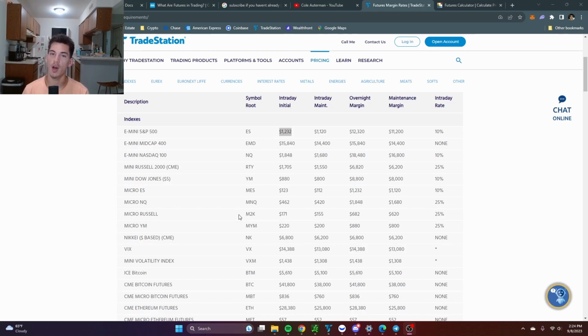Of course you would want more money in your account to cover any sort of drawdown, but in theory you could take on 50, which is the point multiplier for the S&P 500 futures, times the index price, which I think is around $4,500.